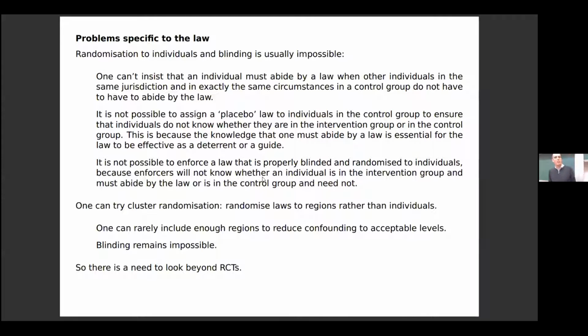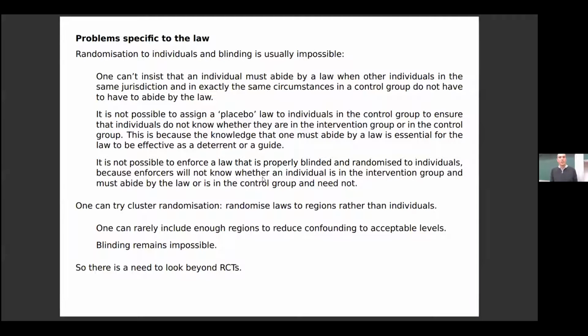But there are some problems specific to the law. So randomizing to individuals and blinding interventions is usually impossible in the law altogether. You can't insist that an individual must abide by a law when other individuals do not have to abide by the law. It's also not possible to assign individuals a placebo law to ensure that those individuals don't know whether they're in the intervention group or the control group.